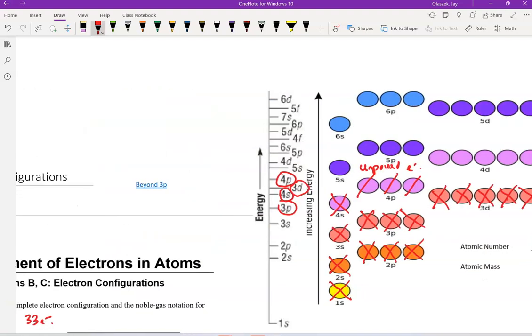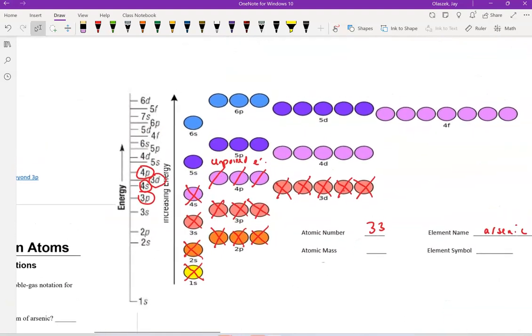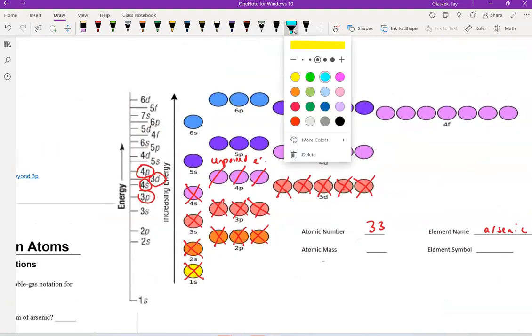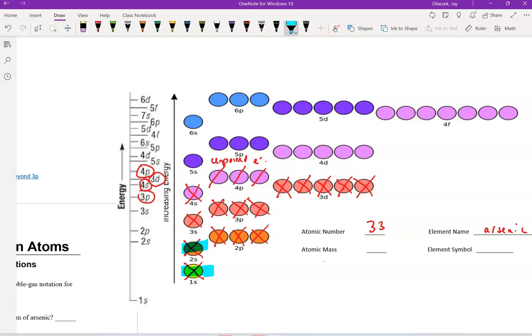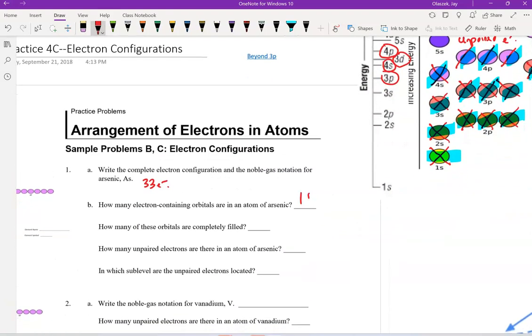Let's go back to the question. How many electron-containing orbitals are in an atom of arsenic? Well, how many electron-containing orbitals do you see? I see 1, 2, 3, 4, 5, 6, 7, 8, 9, 10, 11, 12, 13, 14, 15, 16, 17, and 18. Those are orbitals that contain electrons.